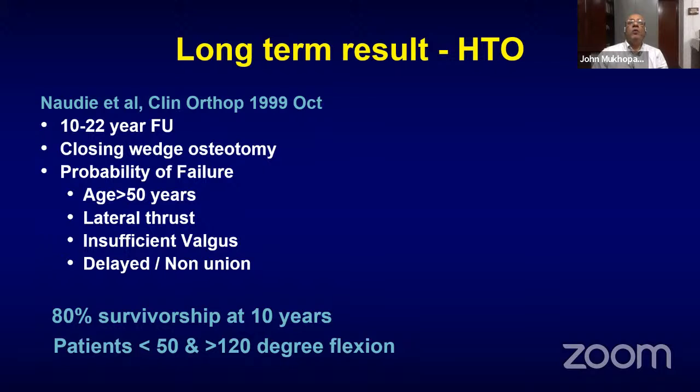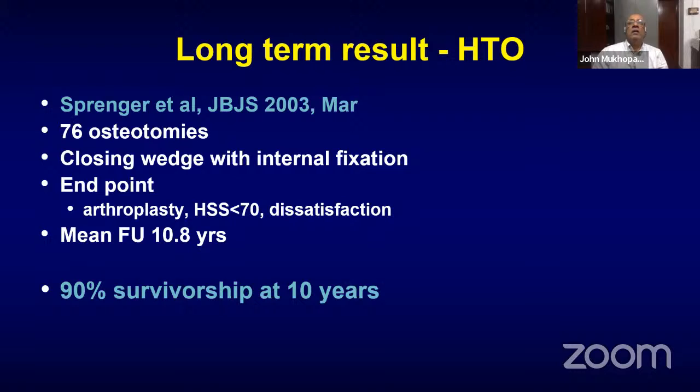Okay, and if you had significant lateral thrust, or the age was greater than 50 years, or if there was insufficient valgus correction, or you had delayed union or non-union, obviously your results were not going to be that good. Similarly, Sprenger et al. Looked at 76 osteotomies. Again, these were closing wedge osteotomies with internal fixation.